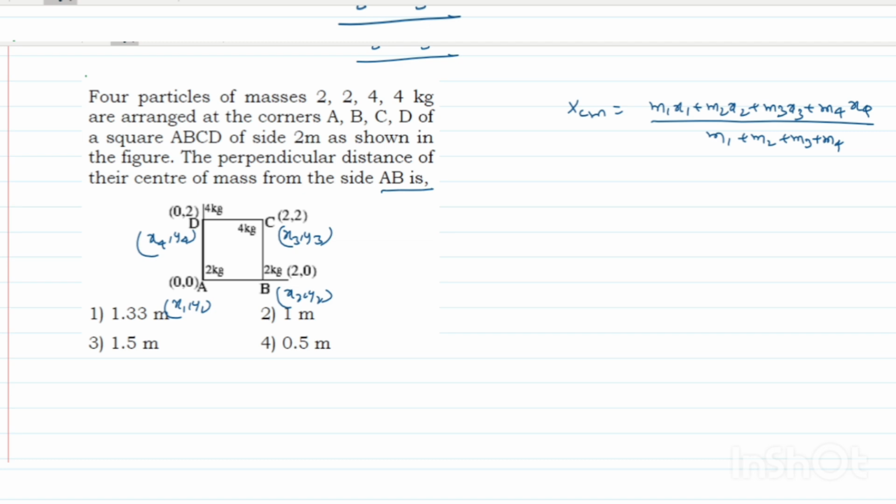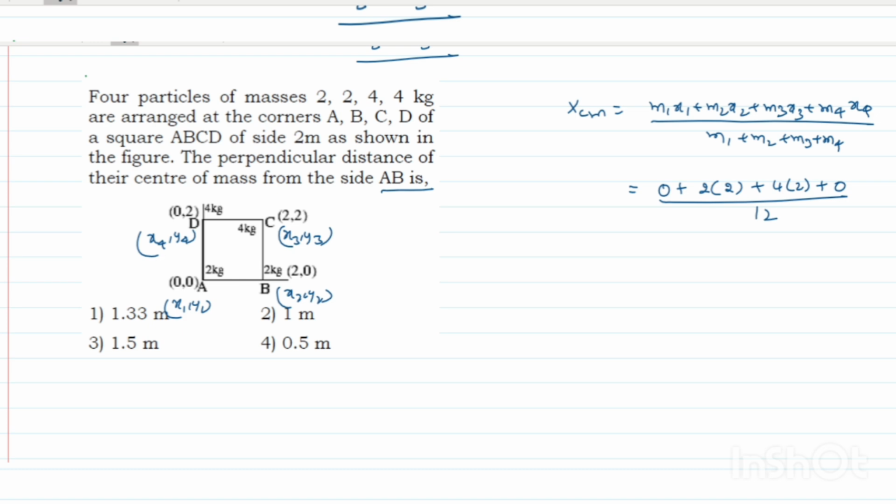When you are substituting the values of x1, y1 and so on, here m1 is 2 into 0, that is 0, plus 2 into 2, plus 4 into 2, plus 0 for m4 x4, divided by the total mass, which is 12. 2 plus 2 is 4, plus 4 is 8, plus 4 is 12.